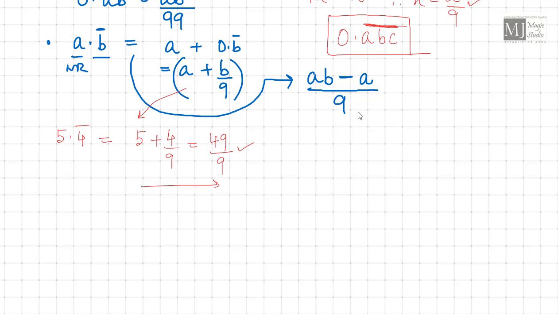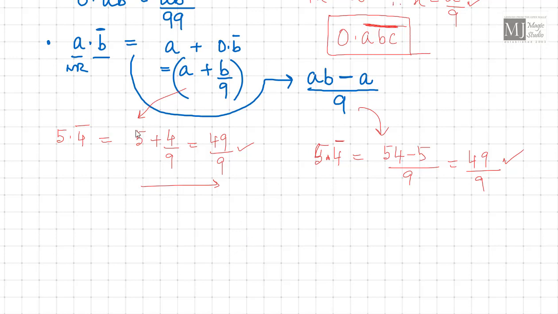Now, if I am using format number 2, how can I get this? 5.4 recurring is actually 54 minus 5 by 9, because there is only one recurring digit after the decimal point. 54 minus 5 is 49 by 9. Got it. I hope this is clear with all of us.